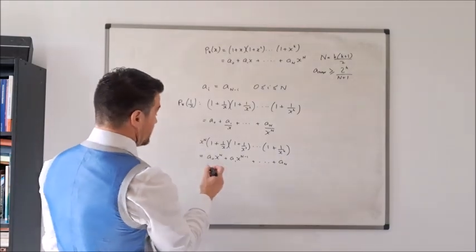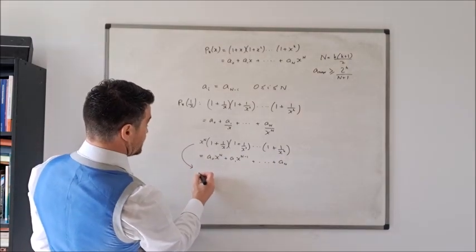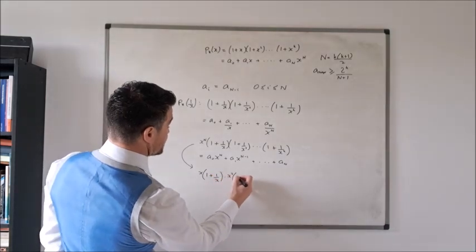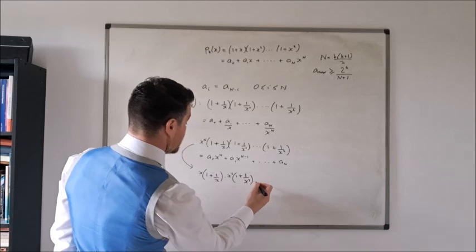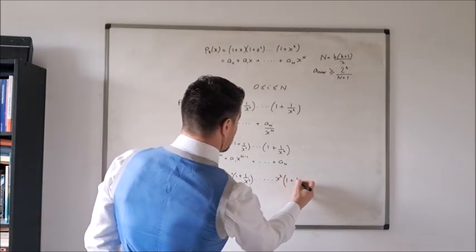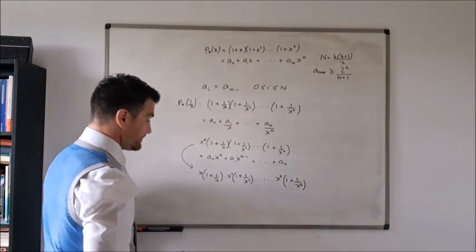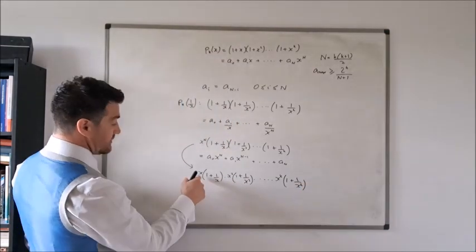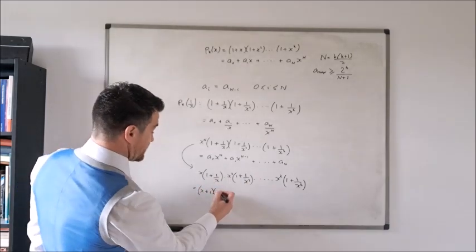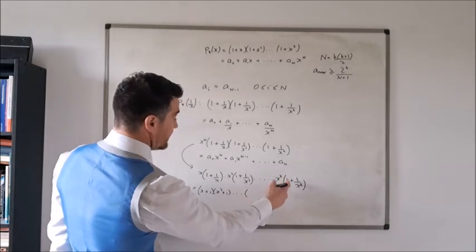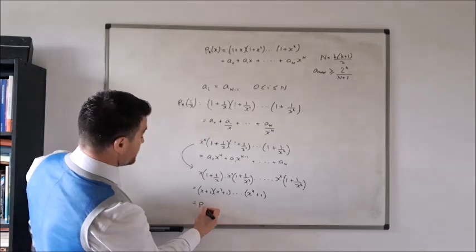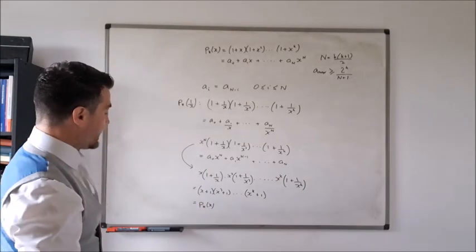Now this here we can think of as x times 1 plus 1 over x times x squared times 1 plus 1 over x squared, all the way up to x to the power of k times 1 plus 1 over x to the power of k, which is equal to x plus 1, x squared plus 1, x to the power of k plus 1, which is equal to p sub k of x.